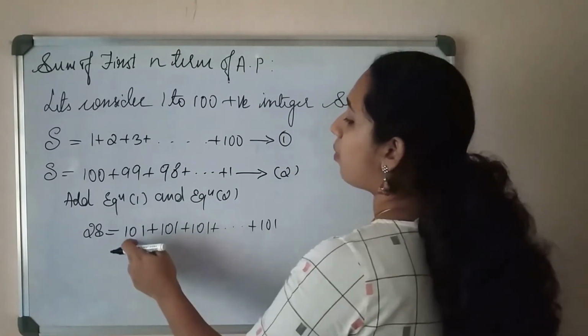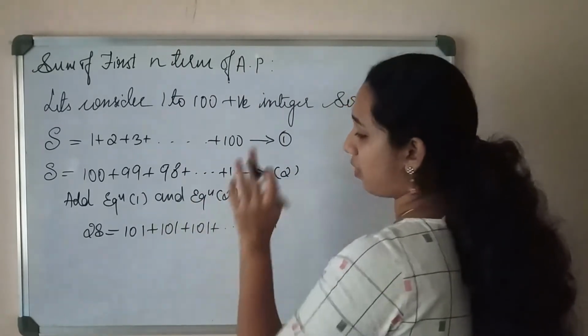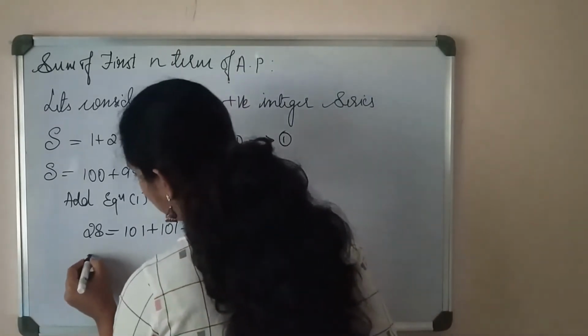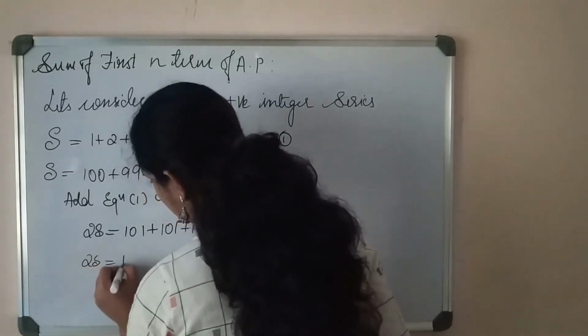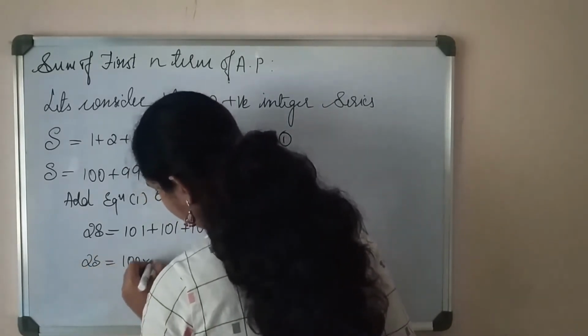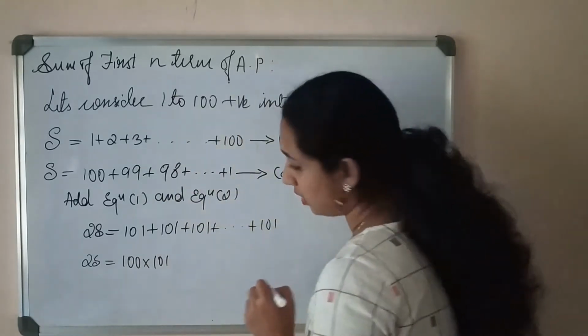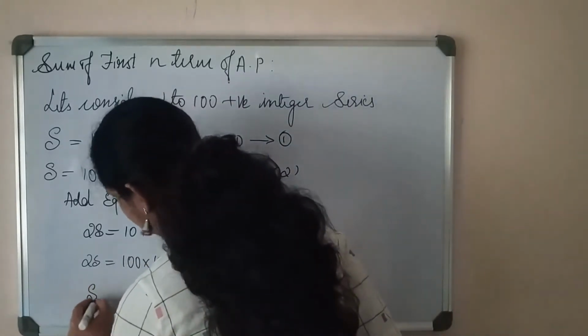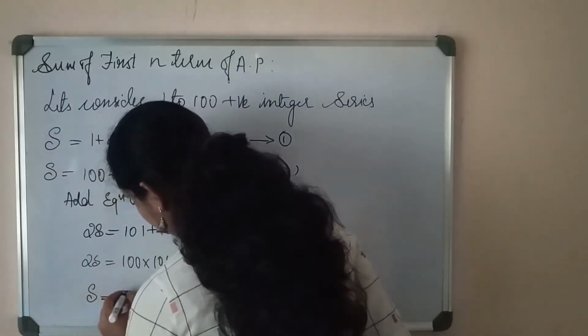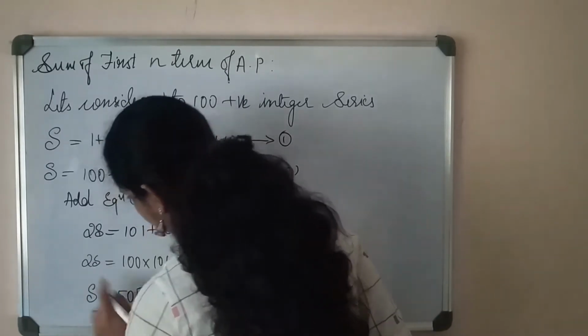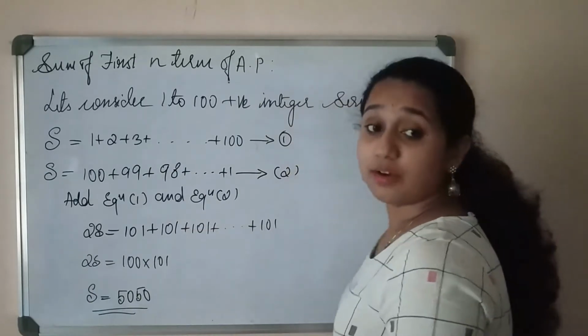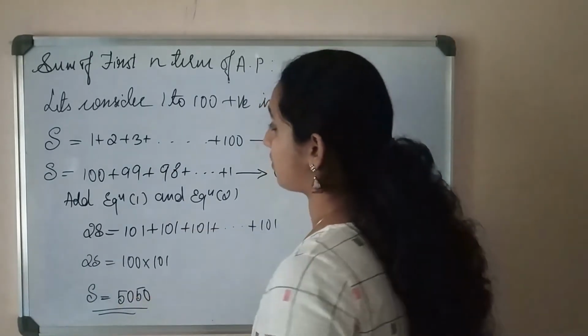So 2S is equal to 100 into 101. So finally I'll get S as 5050.